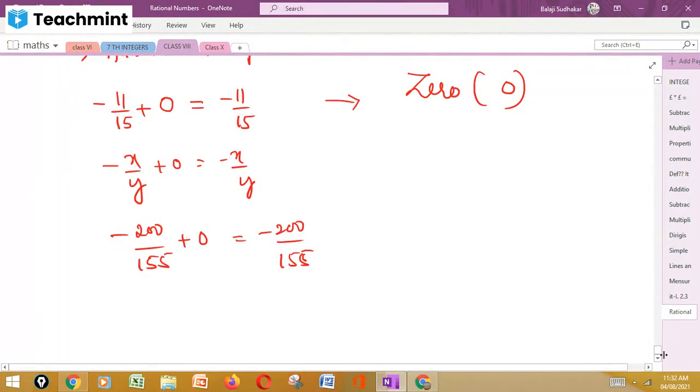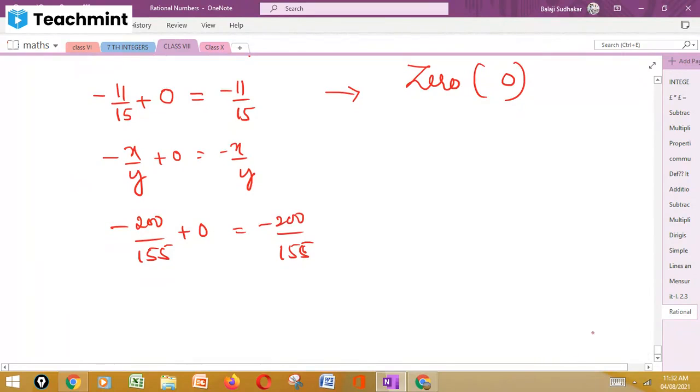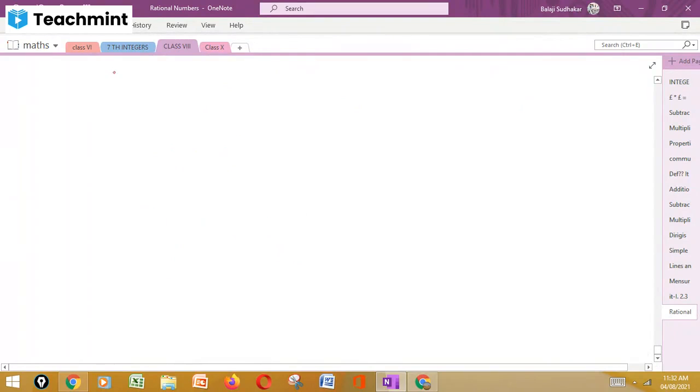Now come to the multiplicative identity.